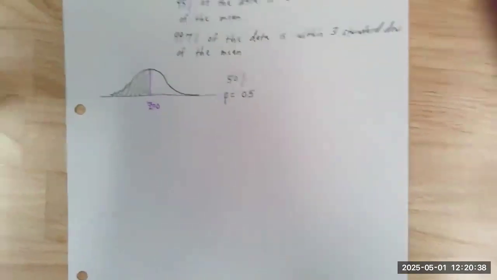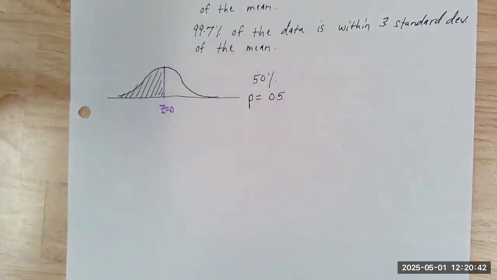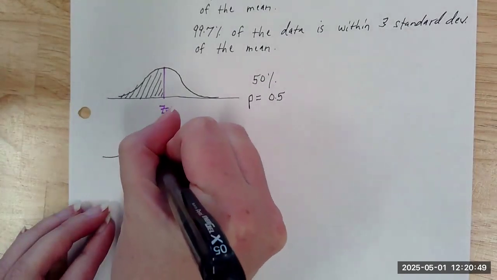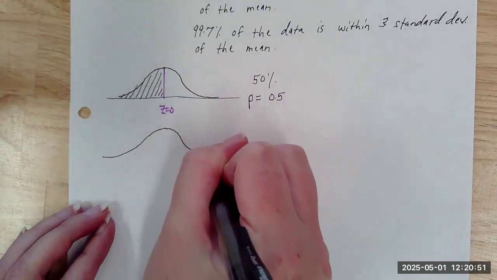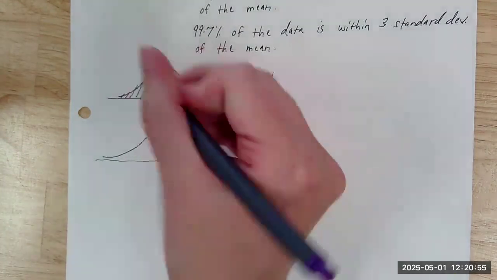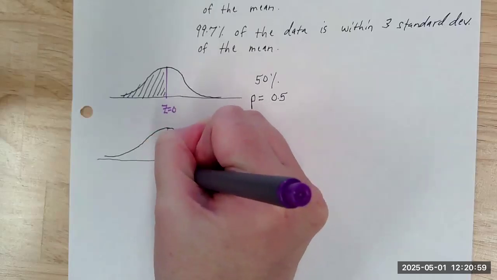So let's do some trickier ones and make sure it's still matching up. Okay, so I'm going to draw you another picture. And this time, my z is equal to 0, still right down the middle.